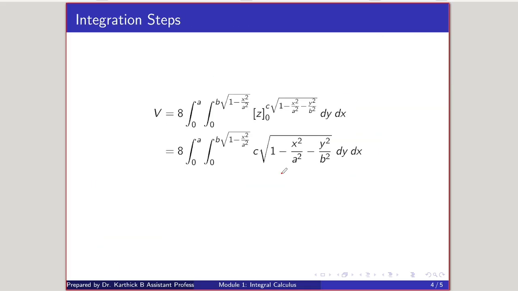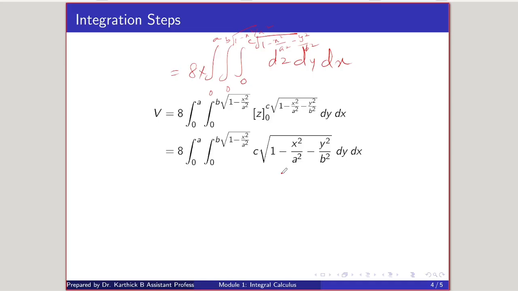Before that, here it will be dz dy dx. All the lower limits will be 0. Here the upper limit of z is c times the square root of 1 minus x square by a square minus y square by b square, for y it is b times the square root of 1 minus x square by a square, and for x it is a.